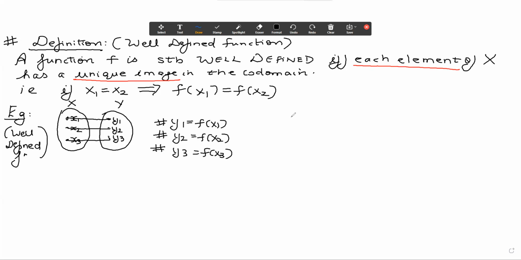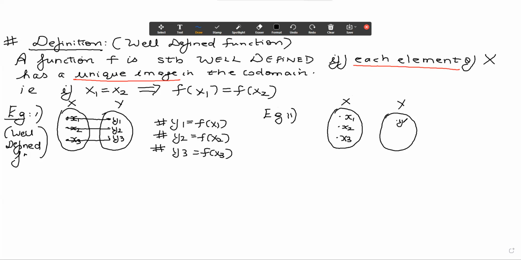I can take another example. This was example 1. Let's take example 2. Set X, set Y, x1, x2, x3, y1, y2, y3. Is it a function? Yes, it is a function.